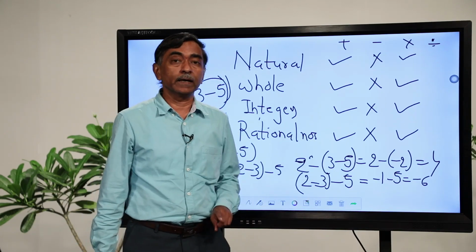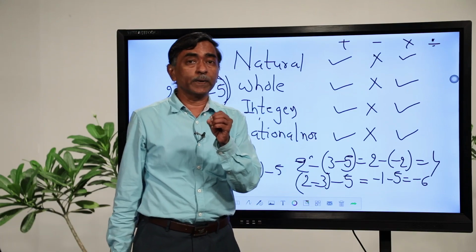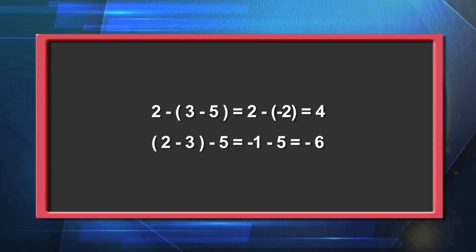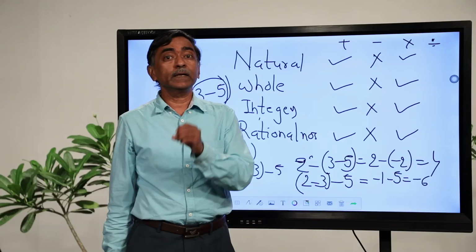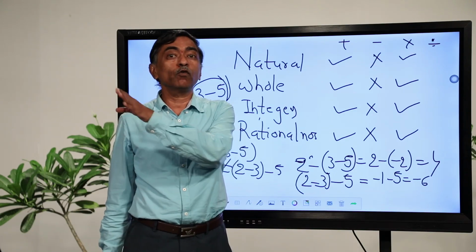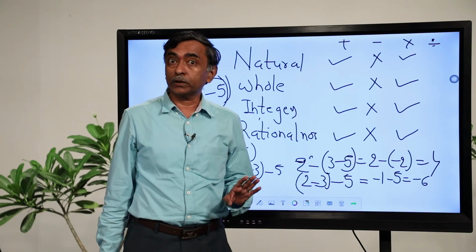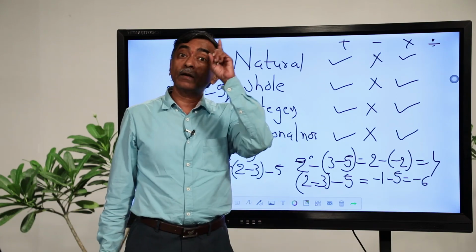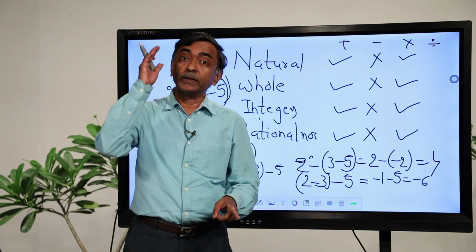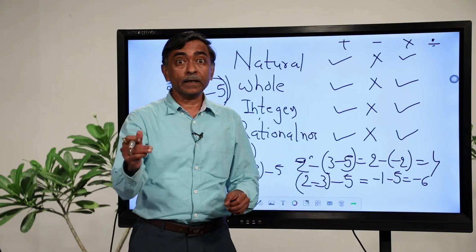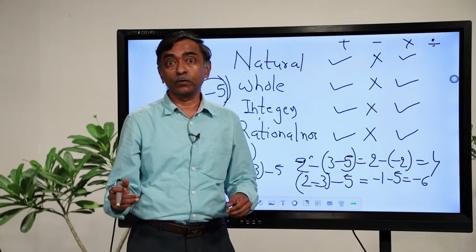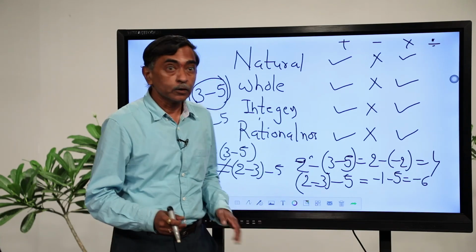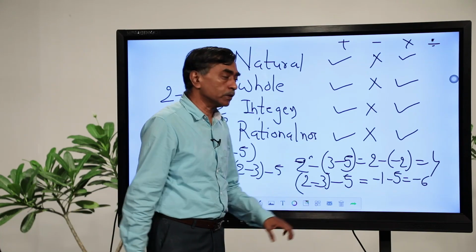So, one thing is clear, that if under a certain operation they are closed, it need not mean that they will be associative or commutative for these particular collection of numbers as well. But if they are not closed, then it is definite that they are neither commutative nor associative for that particular operation. So, these particular observations are important.